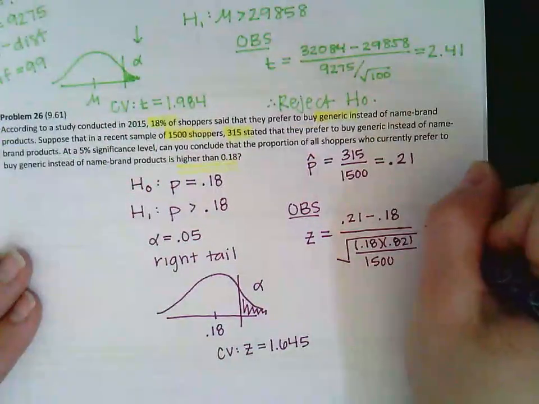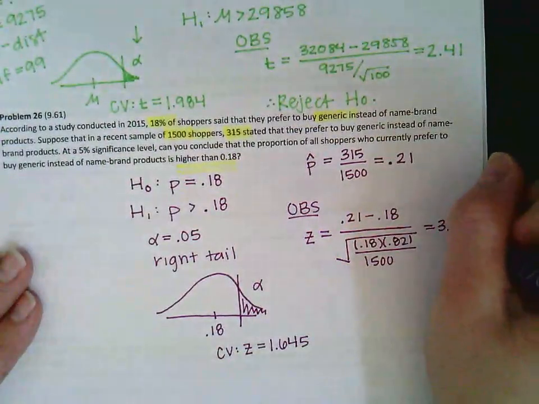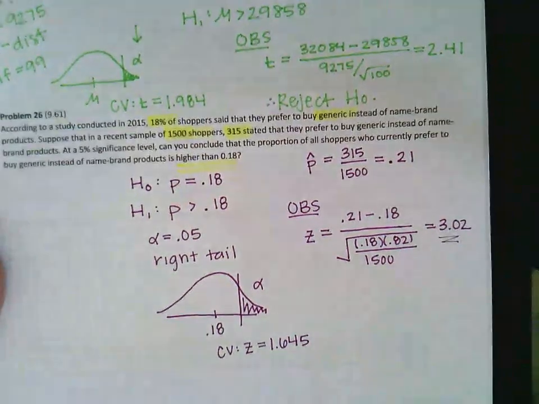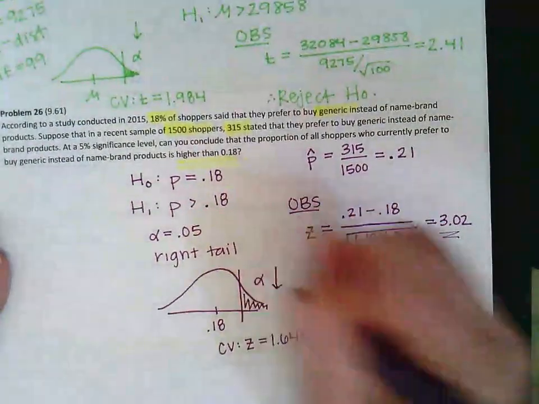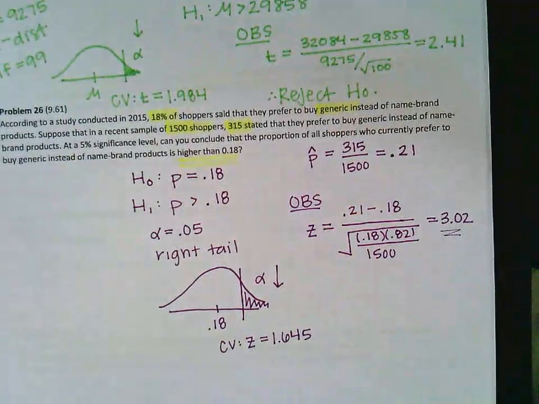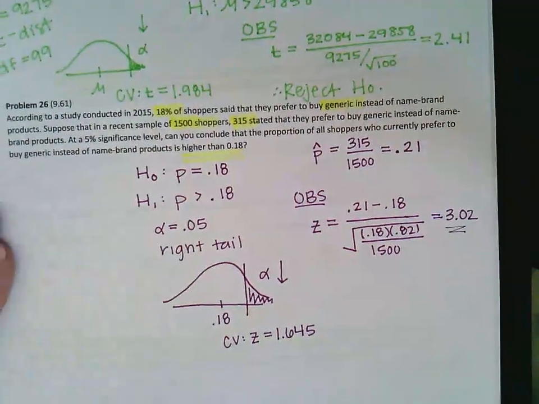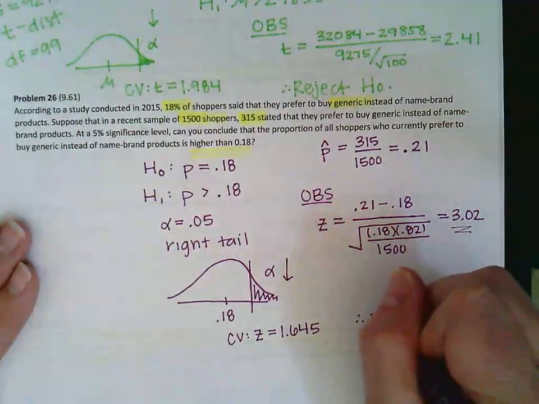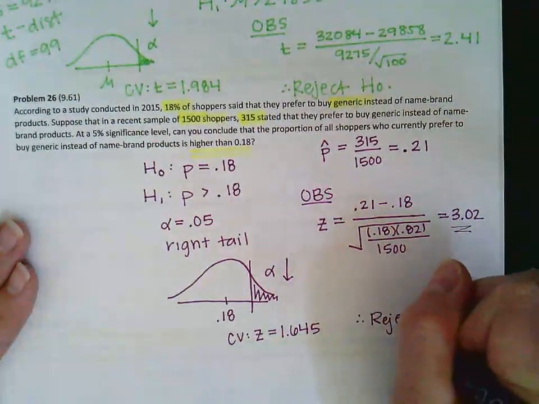I end up getting 3.02 standard deviations above. Okay, so this is pretty significant in the sampling distribution, right? To get an increase to 21% of these shoppers, that's significant evidence that yes, more people now buy generic than before. So that means I now have significant evidence, so we're going to reject H0.